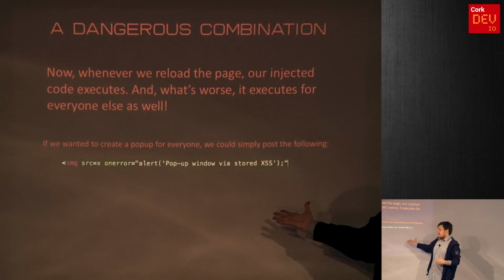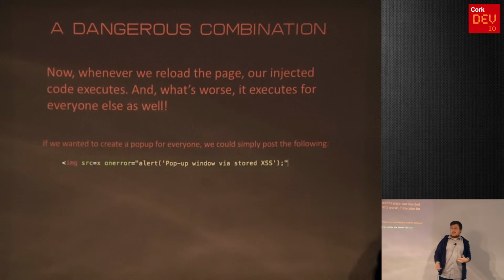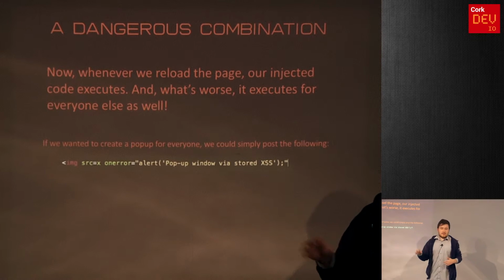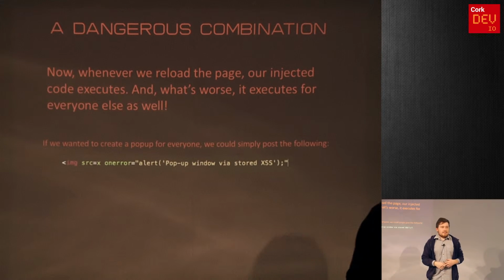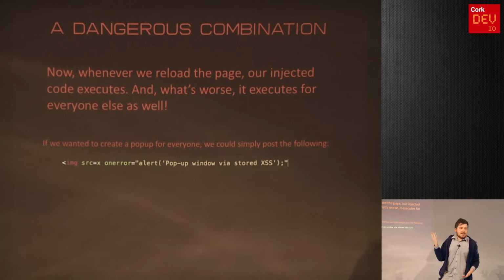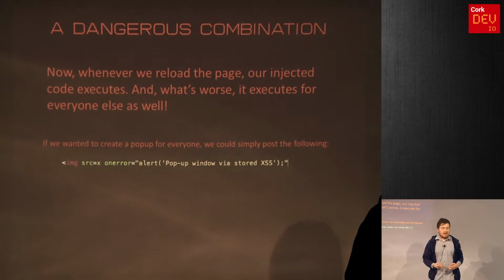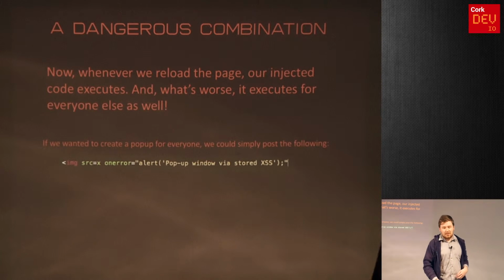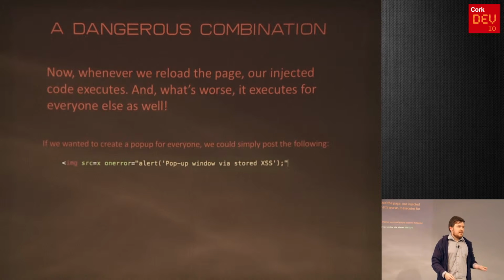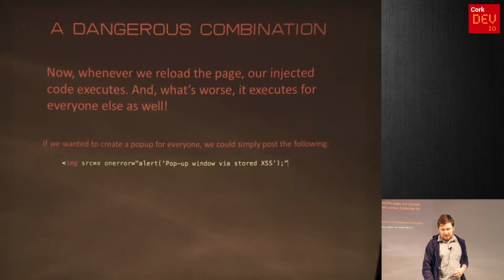Imagine this was your bank, and you logged into your bank and it popped up asking you to put in your username and your password and your PIN and your registration number or whatever. You're going to trust it because it's on your bank's domain, but it's obviously not their code, and you've no clue where it's going back to. And now with JavaScript, you can easily take that information and send it off wherever you want.